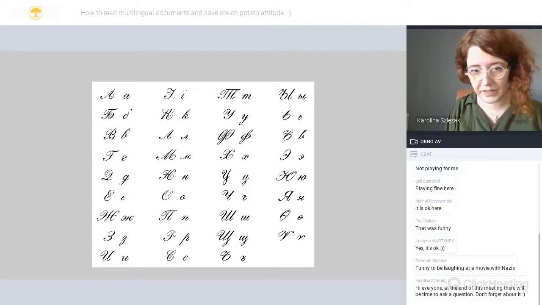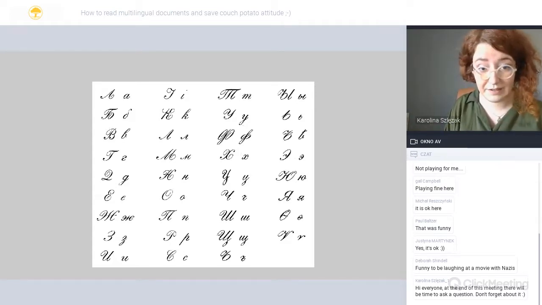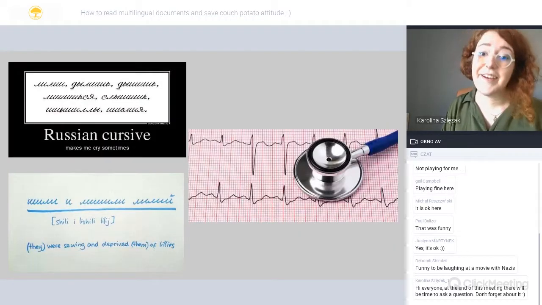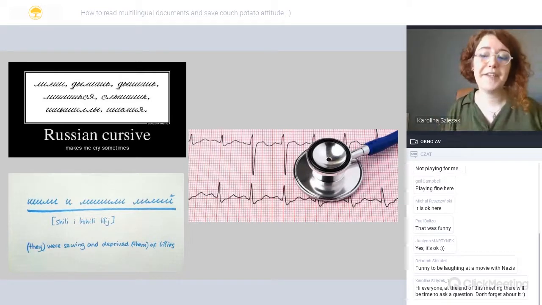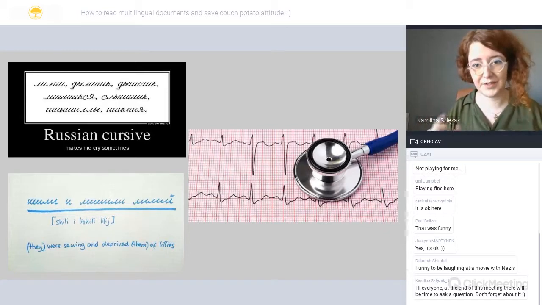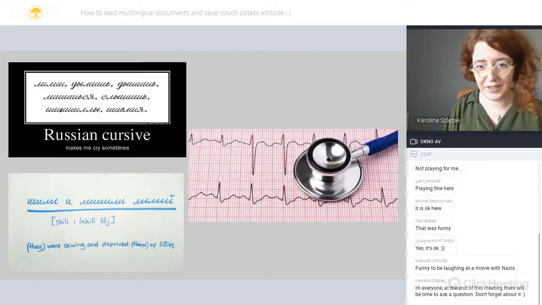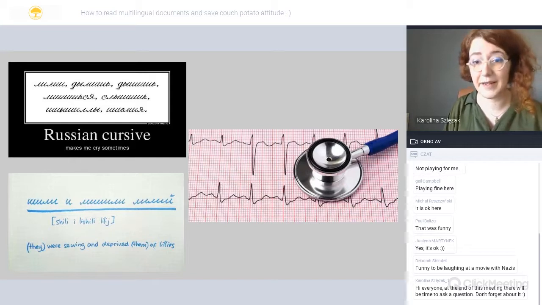We have the Cyrillic alphabet, and unfortunately, we can't jump over this step. We just need to learn the Cyrillic. And when we do, we also need our eyes to get used to the 19th century handwritten documents written in Cyrillic, because it may look very confusing.